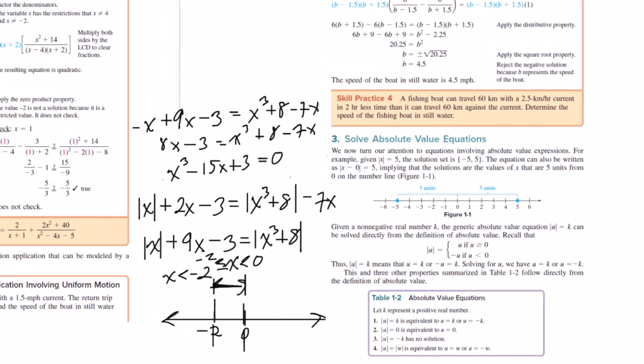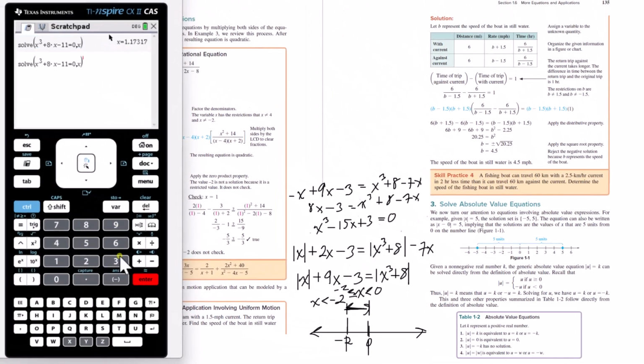Okay, now let's plug this in here. So x cubed minus 15x plus 3. Okay, so we've got these 3 separate solutions here, but they need to be between -2 and 0.